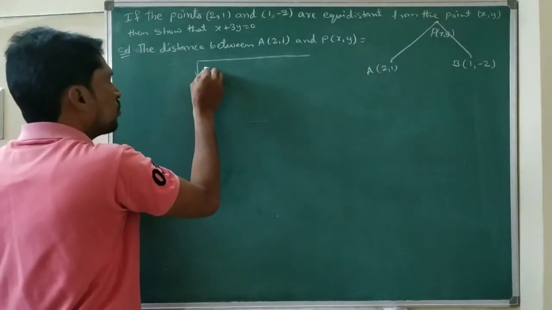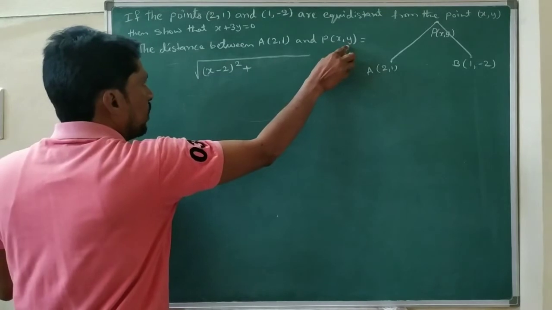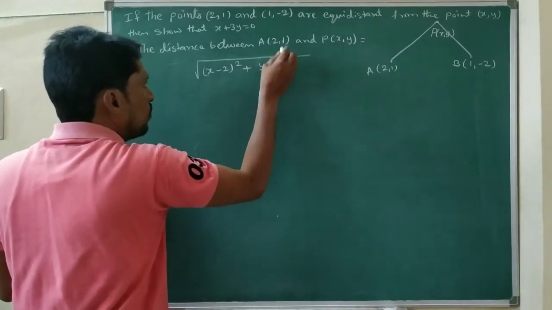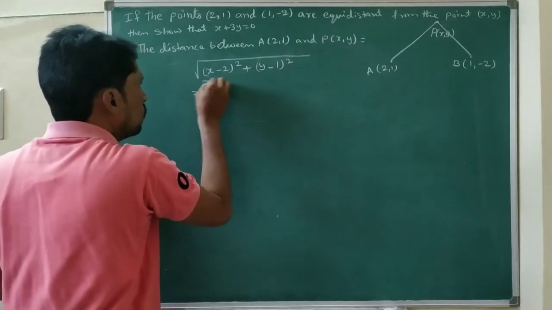So x2 minus x1 means (x minus 2) whole square, plus y2 minus y1 means (y minus 1) whole square, under root.